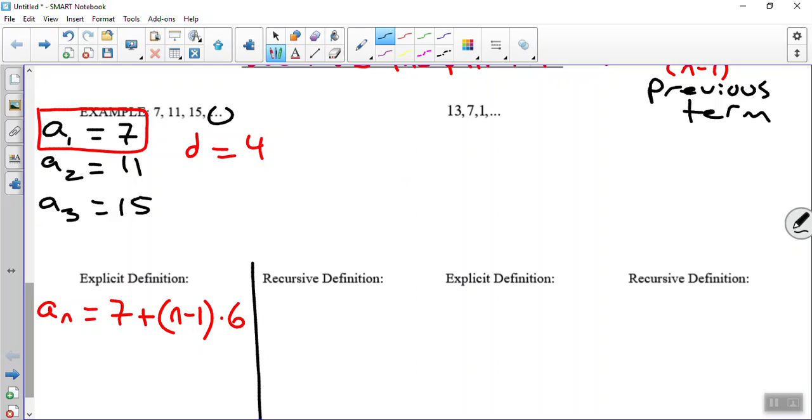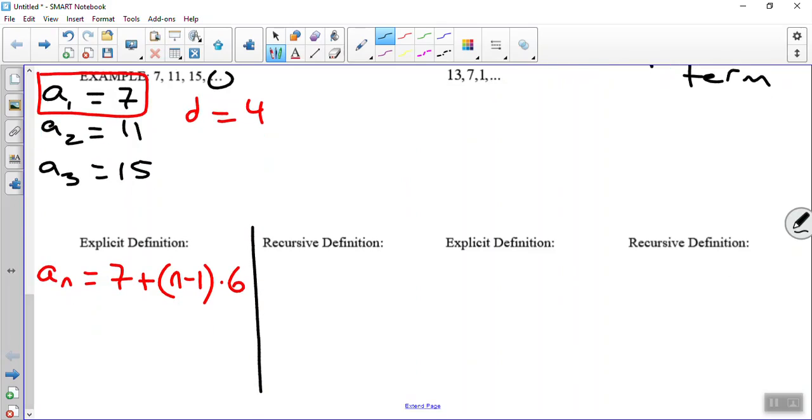So if I wanted to find the 20th term, I just plug in 20 for n and figure out what I get. Let's try that, for example. Let's say I want to find A sub 20.